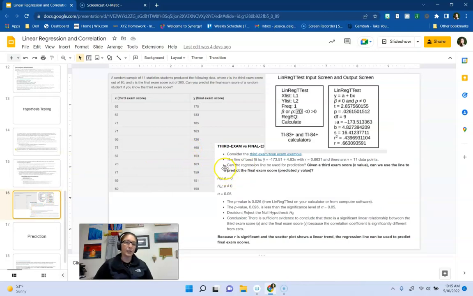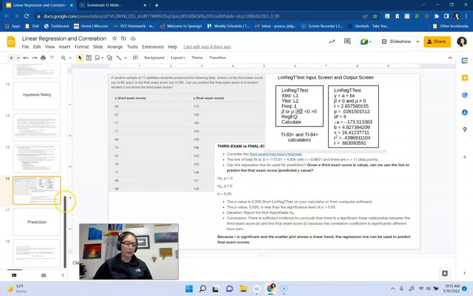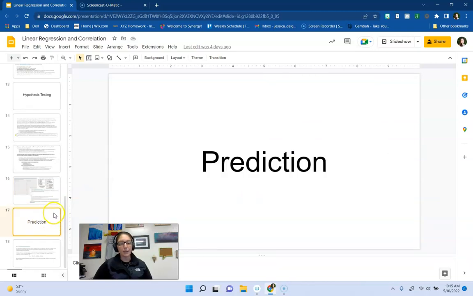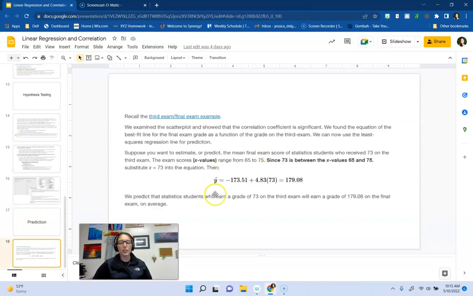In other words, can I use this line of best fit that I just found to model the population? And you're either going to say yes or no, and that'll be with rejecting the null or failing to reject the null. And then if it's good, you can make predictions and use that line of best fit to model anything about the population and do predictions with it. And that is the power of linear regression.